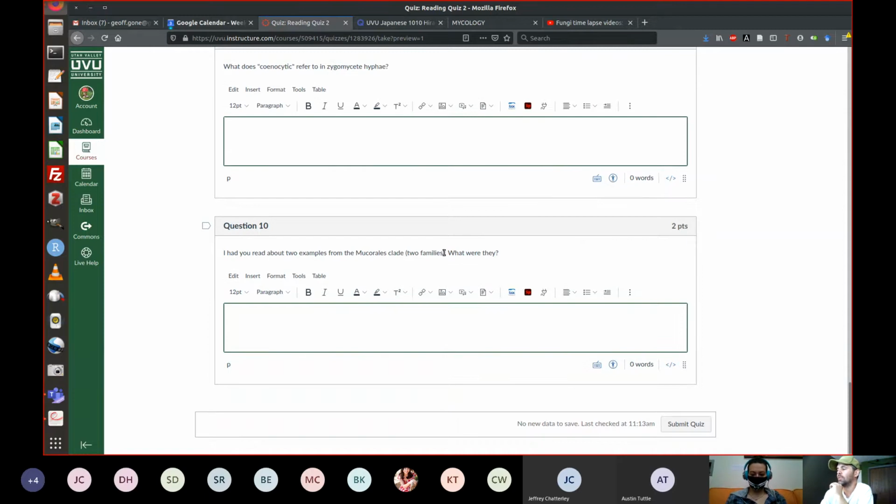And what two families did I have you read about in the Webster and Weber book in the Mucorales clade? Was one of them Mucor? Mucor, and Pilobolus something. Pilobolaceae or something. Yeah, often pronounced Pilobolus. I don't think there's a wrong way to say it. No, it helps. That's how you'll hear it most often. Awesome, thank you.